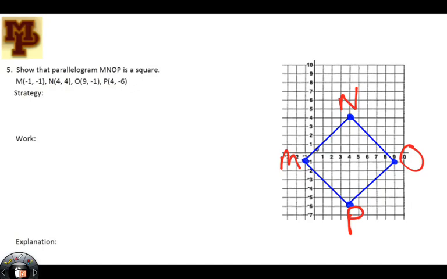So how are we going to show it's a square? Let's see, what's the best way? So it's already a parallelogram, they're telling us it's a parallelogram, so we already have parallel, parallel, parallel, parallel. Okay, so now we want to show it's a square.